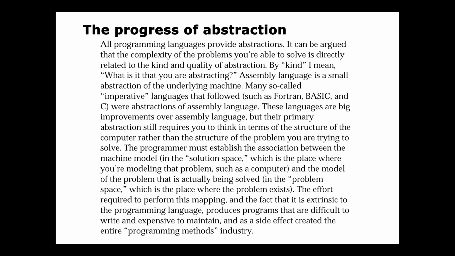These languages are big improvements over assembly language, but their primary abstraction still requires you to think in terms of the structure of the computer, rather than the structure of the problem you are trying to solve. The programmer must establish the association between the machine model in the solution space, which is the place where you're modeling that problem, such as a computer, and the model of the problem that is actually being solved.